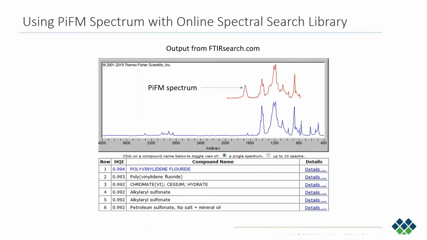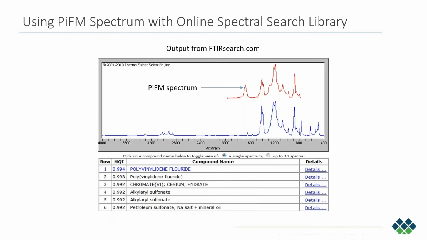When the peaks are a little more complex and you have to rely on an online library, you can feed a spectrum from PIFM into a library to look for a match. In this case, we took a spectrum on a known piece of polyvinylidene fluoride and generated that red spectrum.